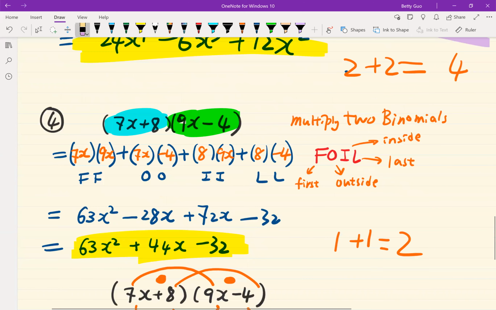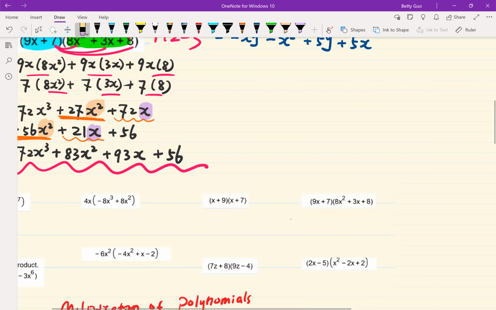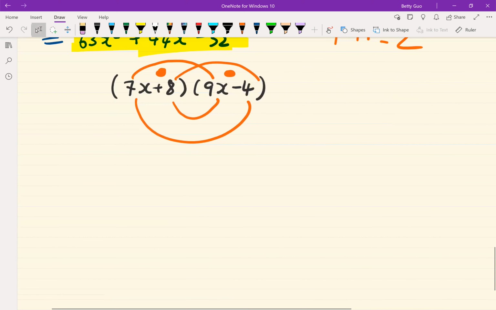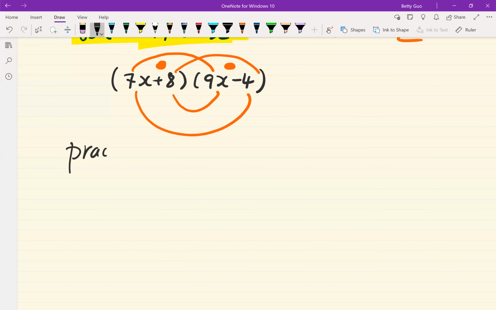Can you try this one? Multiply x plus 9 by x minus 7. You can use George or you can use FOIL. I'll give you 2 minutes.